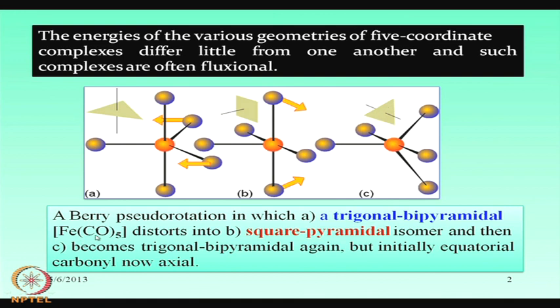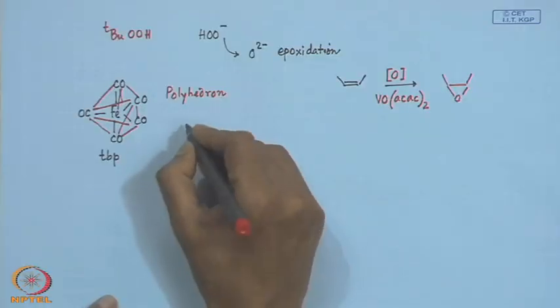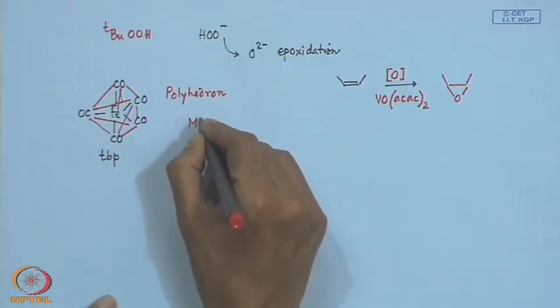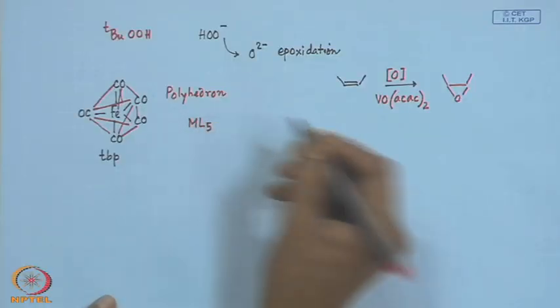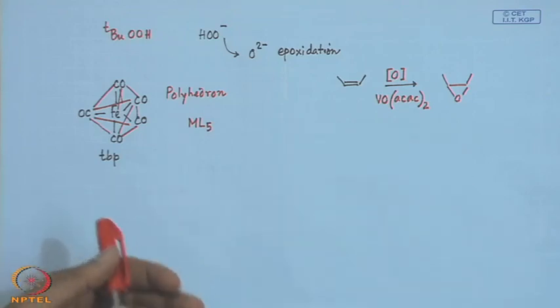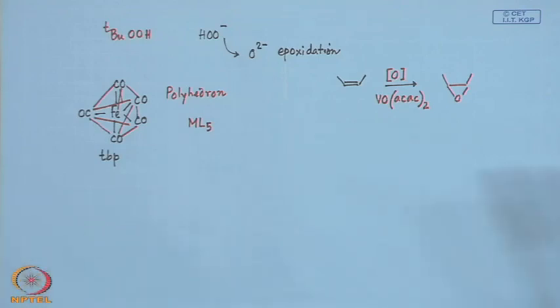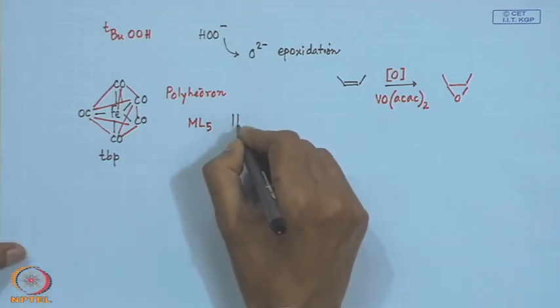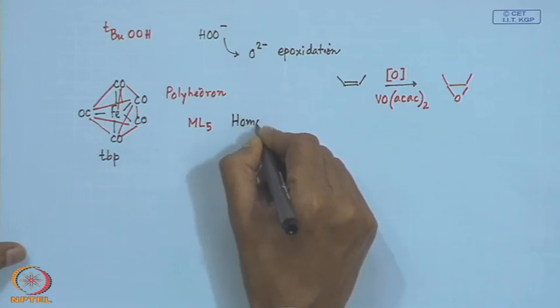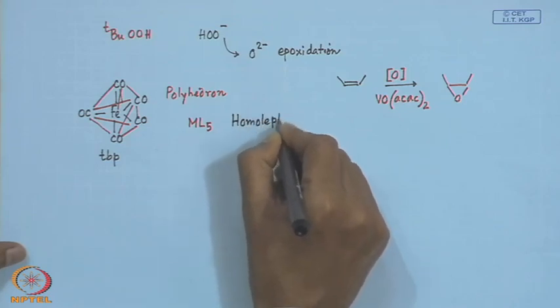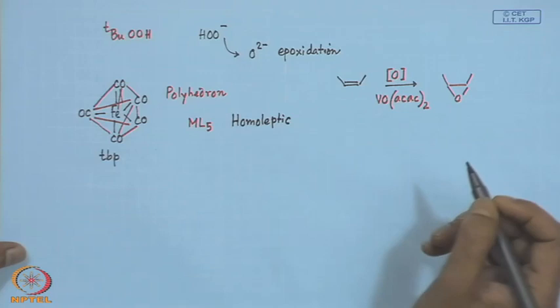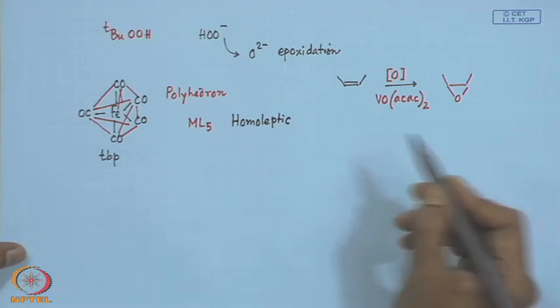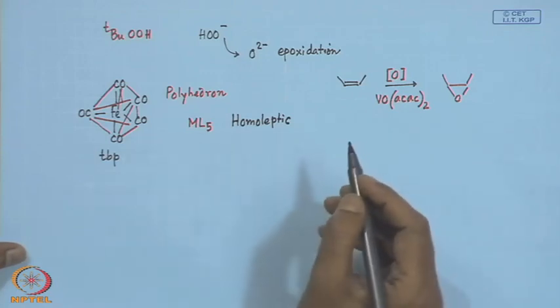This is true for a molecule which we consider a homoleptic molecule. That means M is bound to five ligands and all the ligands are the same. That means the nature of the ligands is all the same, and we call them homoleptic ligands, binding the same type of ligand to the metal center.